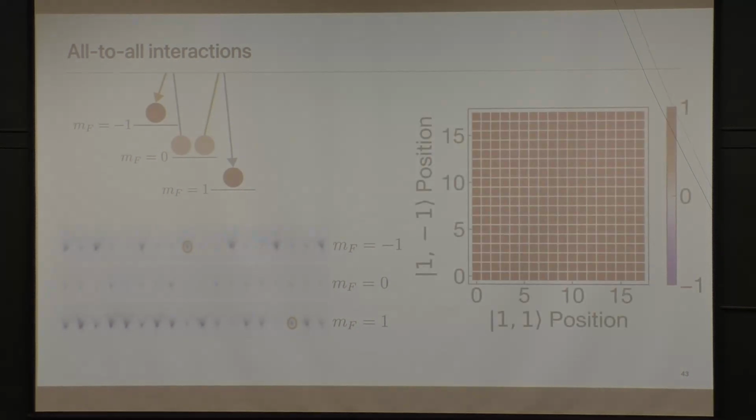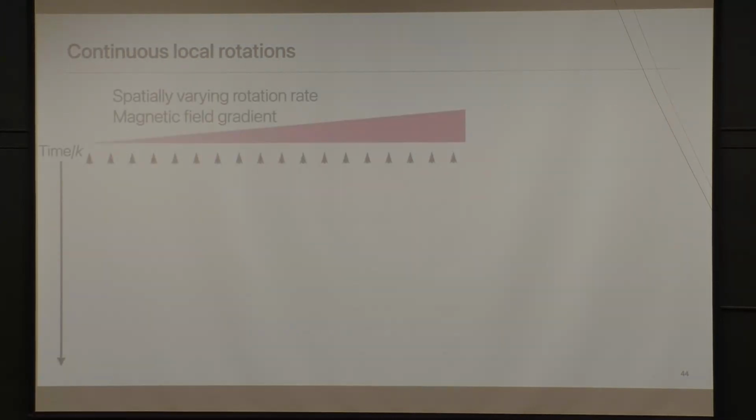If you just turn on the interactions, you have this all-to-all correlation matrix. So kind of boring in some sense, maybe. But we can ask what kind of modes we can couple to. If we want a translation invariant Hamiltonian, the eigenmodes are going to be momentum modes. If you apply a magnetic field gradient, that's going to switch you slowly between different momentum modes, different kinds of spin waves.